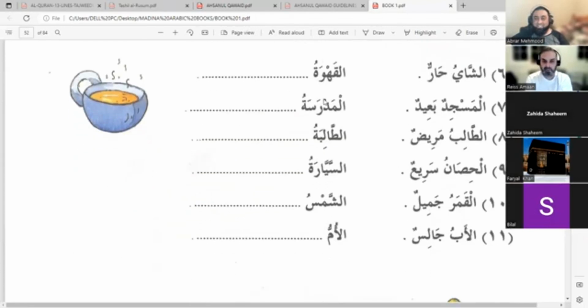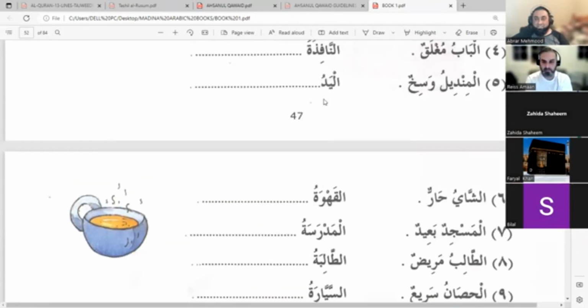Can we just go back to one more thing? I just wanted to point this out. You got al-mandilu, which is an object that's male, and therefore use the male version of the word dirty, wasikhun. But if you're going to use a female object like al-yadu, which is female, then we have to use the female equivalent of wasikhun, which would be wasikhatun.